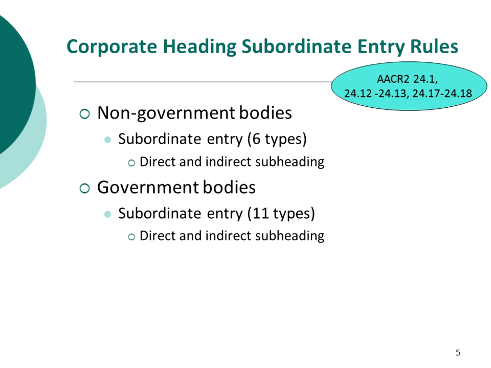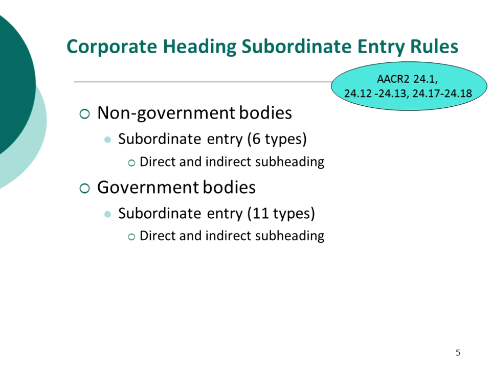A direct subheading is for a body that's entered under the lowest element in that hierarchy, omitting the intervening elements in the hierarchy, unless that name has been or is likely to be used by another body under the same name. Okay, so we are talking about a direct subheading, and indirect subheading is the vice versa.